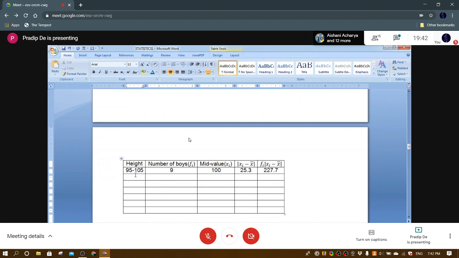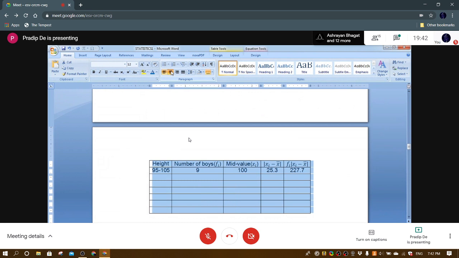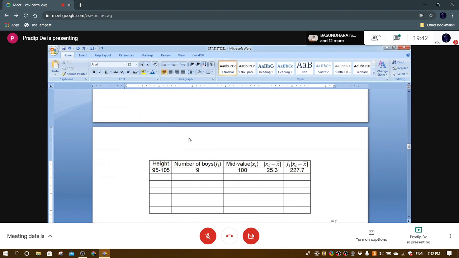The table will be like this. So, tell me the values.